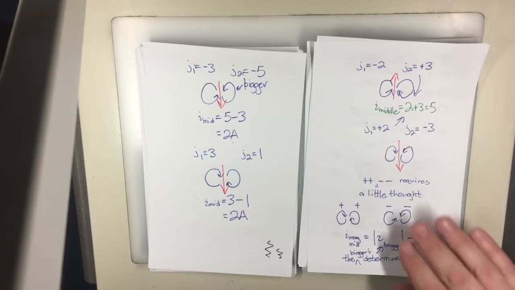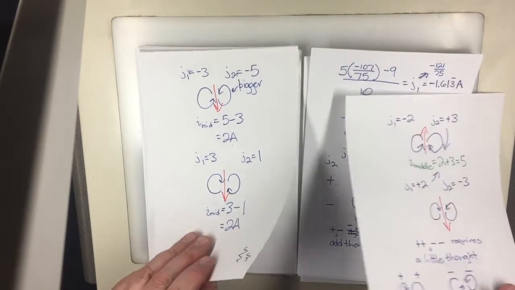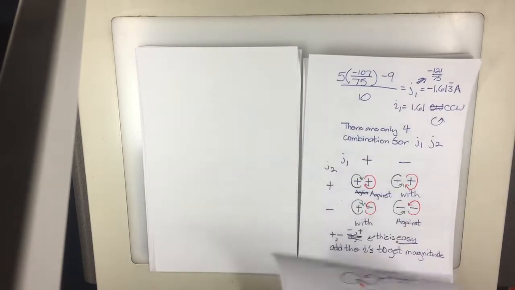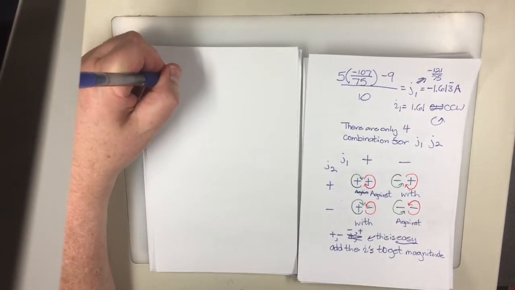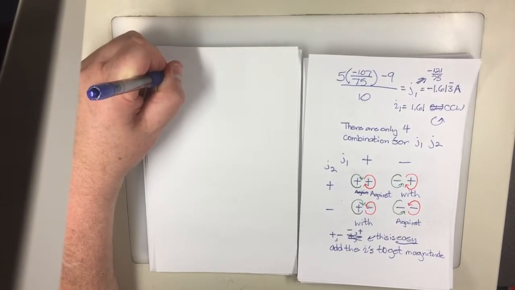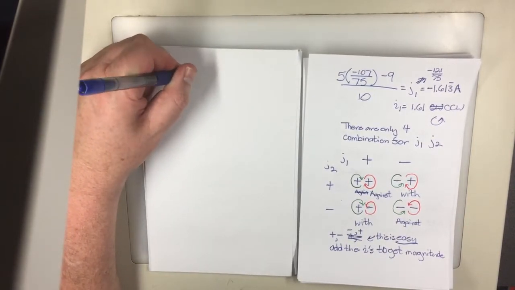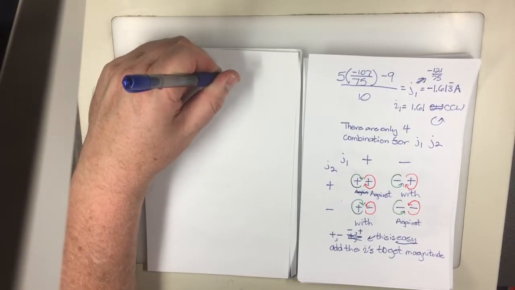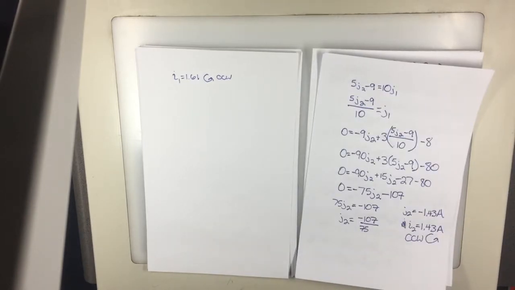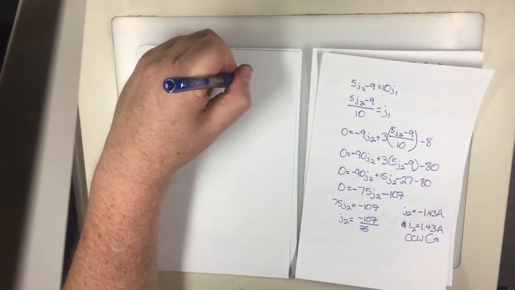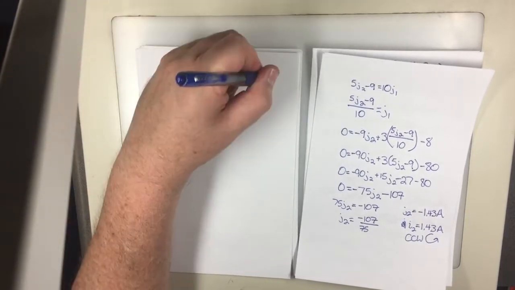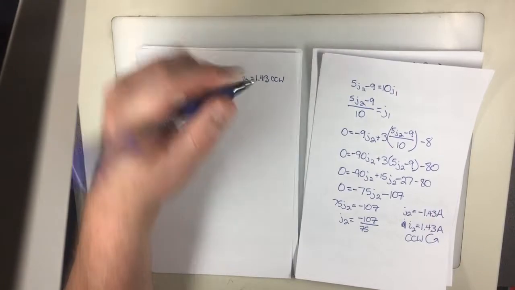Now let's look at our problem. I'll put this back up in just a second. I1 is 1.61 counterclockwise. I2 is 1.43 counterclockwise.